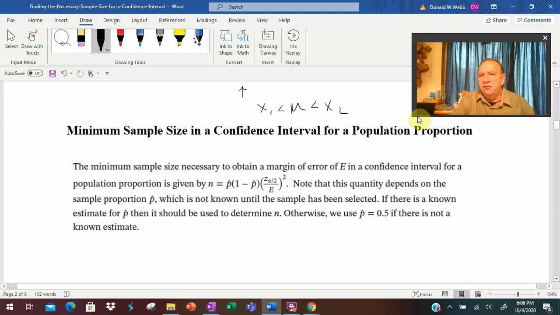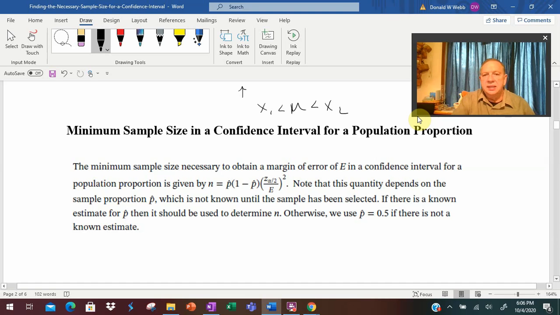Now this is asking for a sample size. I want to build a sample of size N, but I need to know what p hat, 1 minus p hat is. Sometimes you may have done this from a previous study. If you know a previous proportion from a sample, you could use that as a starting point.